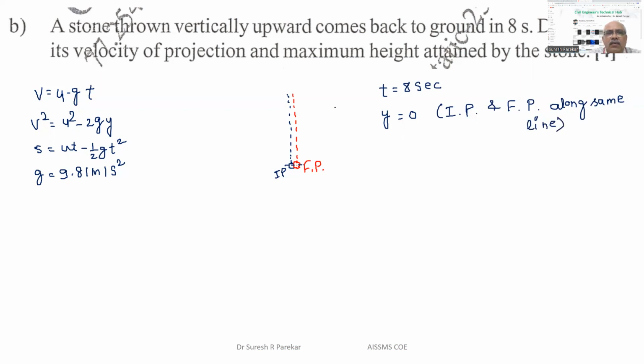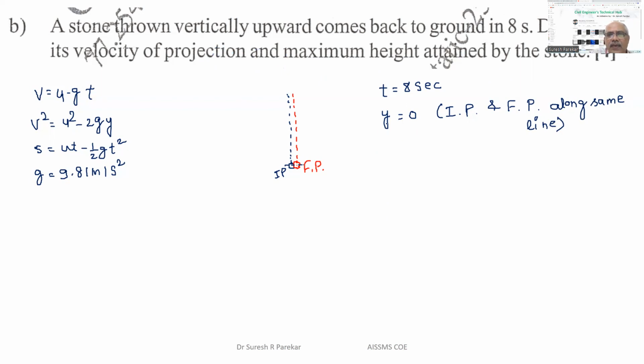Now, what do we have to find? Determine its velocity of projection and the maximum height attained by the stone. So now we know T, we know Y, and we are interested in finding the value of velocity and maximum height.